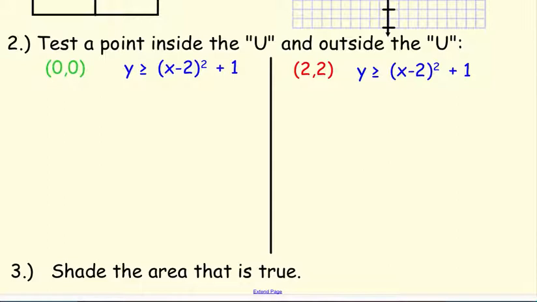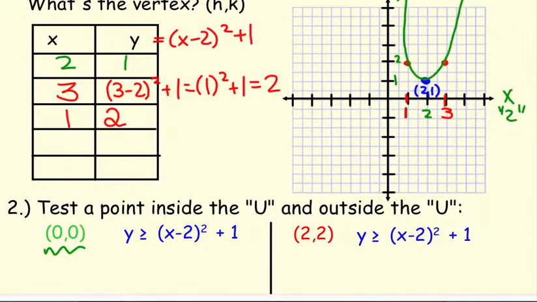So I picked 2 points for us. I picked 0, 0, which if we go back, here's 0, 0. That is outside the parabola. And then I picked the point 2, 2, which is inside the parabola.